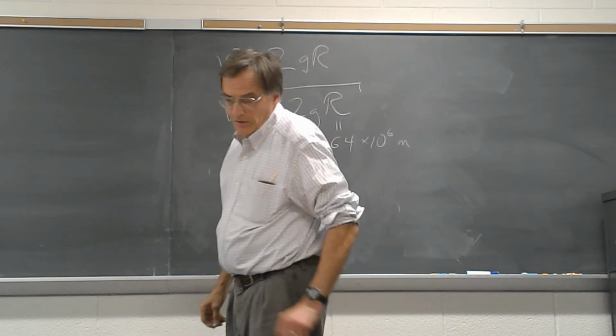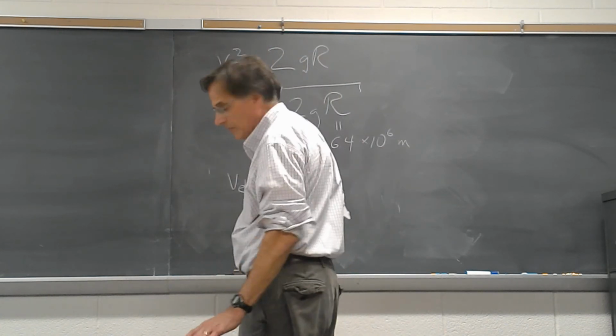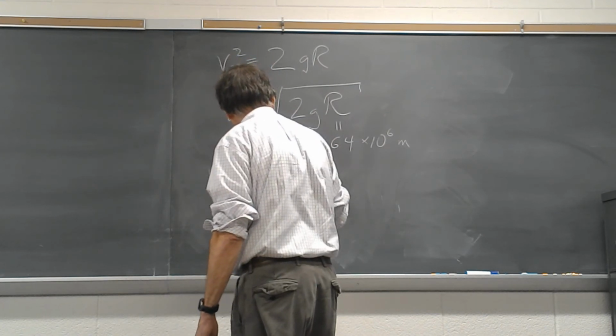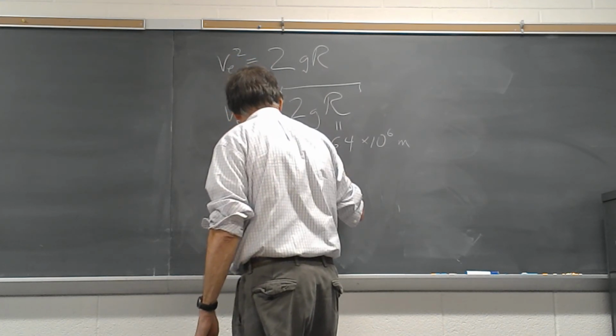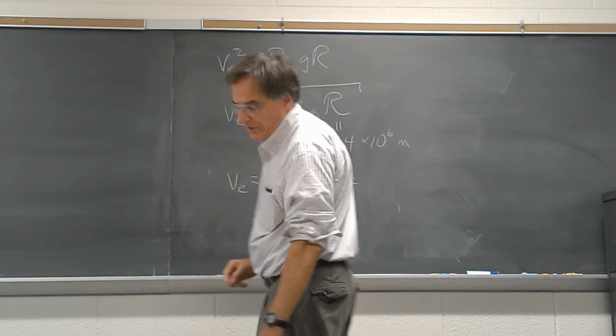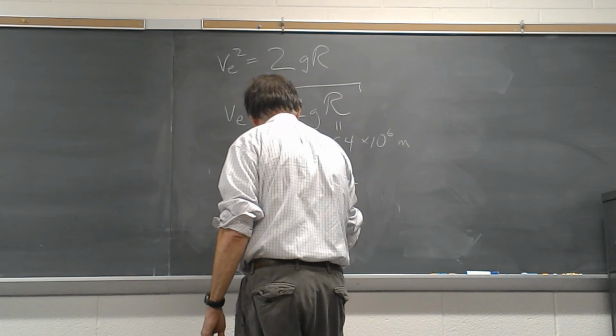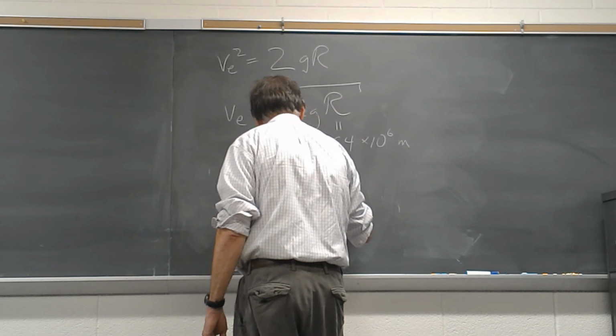So subbing all that in gives me a value for VE. If you like it in kilometers, it's 11.2 kilometers per second, or in miles, about 7.0 miles per second, which is pretty darn zippy.